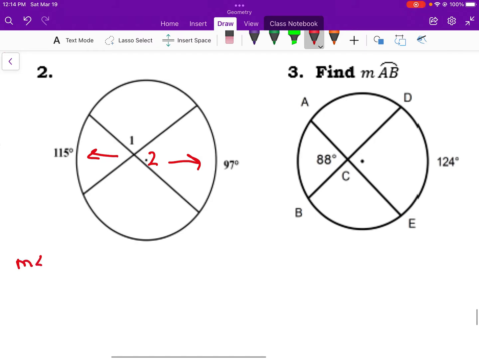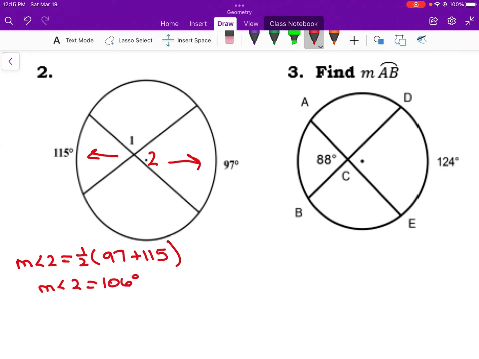The measure of angle 2 is 1/2 of 97 plus 115. If I add those together and chop in half, the measure of angle 2 is 106 degrees. So if I add this label in, here's 106.